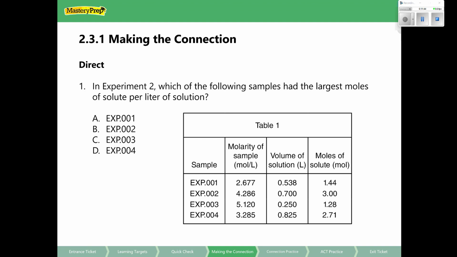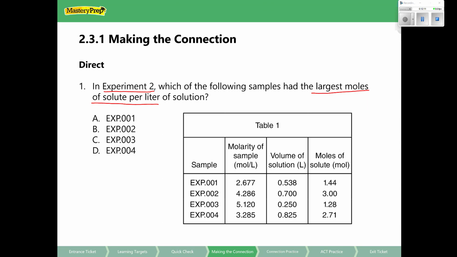What page are we on? 32? 32, yes. Yeah, so what are we looking for in this here? So we're looking for experiment 2. And what else? Solution per liter. Because these are the two main things we're looking for.